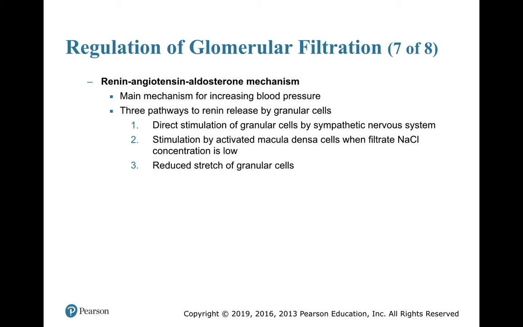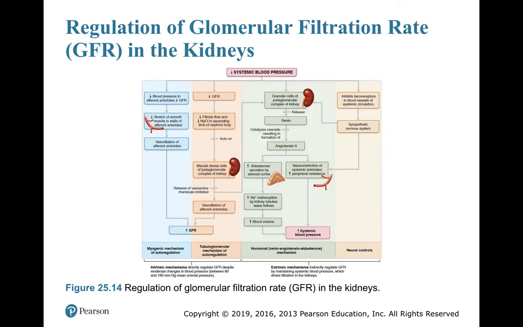The renin-angiotensin-aldosterone mechanism, the hormonal mechanism, is the main mechanism for increasing blood pressure. There are three pathways to renin release by the granular cells. We can get direct stimulation of granular cells by the sympathetic nervous system. We can get stimulation by activated macula densa cells when the filtrate salt concentration is low, or by reduced stretch of granular cells.